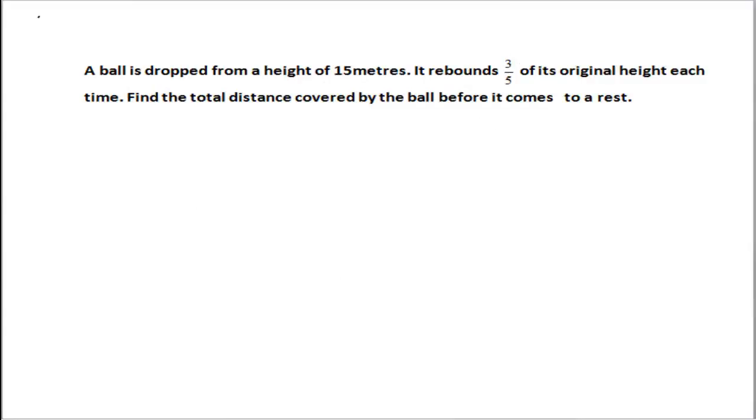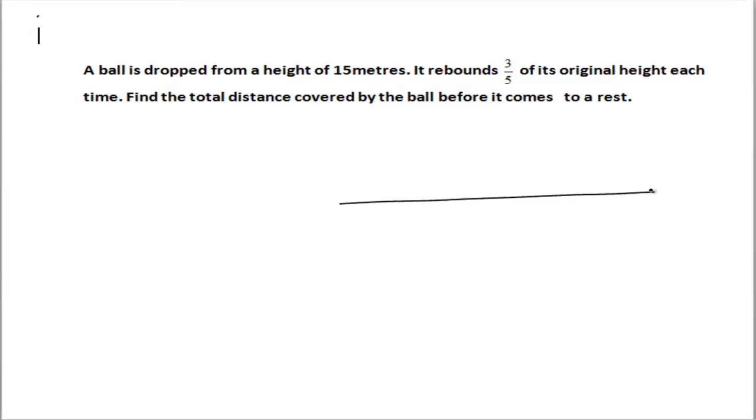Problem number 23 on page 18. A ball is dropped from a height of 15 meters. It rebounds 3/5 of its original height each time. Find the total distance covered by the ball before it comes to rest. Let's just quickly draw that.